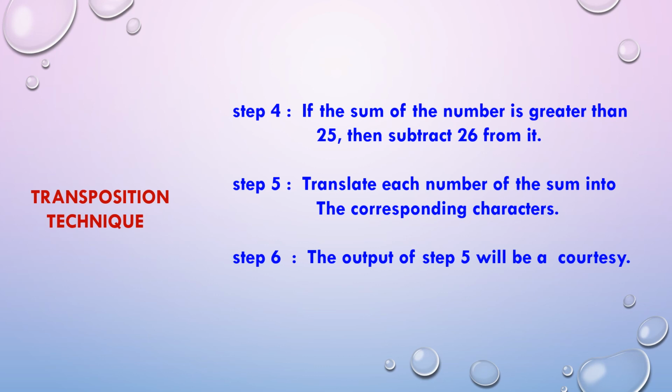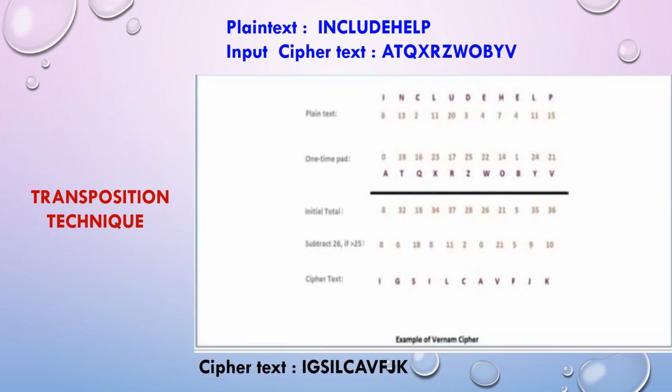In the Vernam cipher, once the input ciphertext is used, it will never be used for any other message. Hence, it is suitable only for short messages. Now, we will see an example of the Vernam cipher.